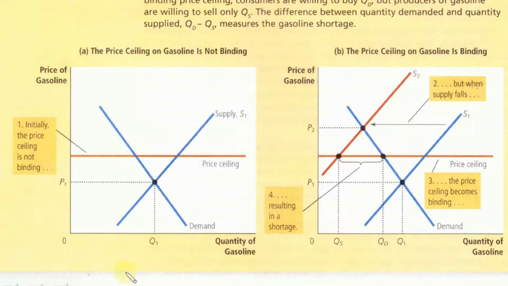Here, this is the original supply line, and this is the demand line. We ignore the rest of the lines here. Just think of the blue line. This is the supply line of OPEC, right?